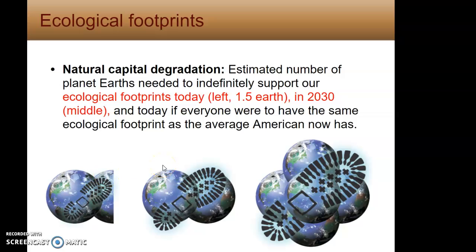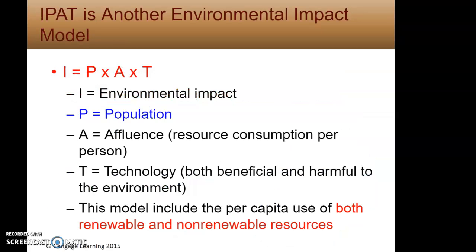And then if we go to 2030, we would need 2 Earths to support indefinitely the population's use. However, even today, if everyone on this earth were to live a life as an average American has now, we would need about 5 Earths. So hope those numbers support the idea for you to understand that right now our living style is not sustainable.